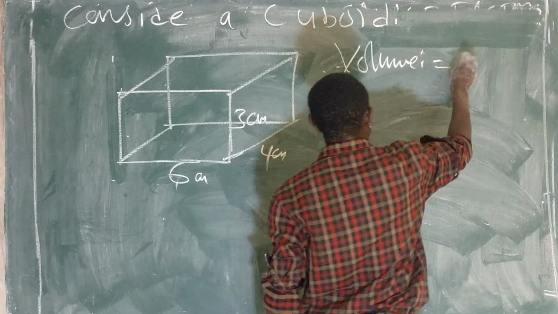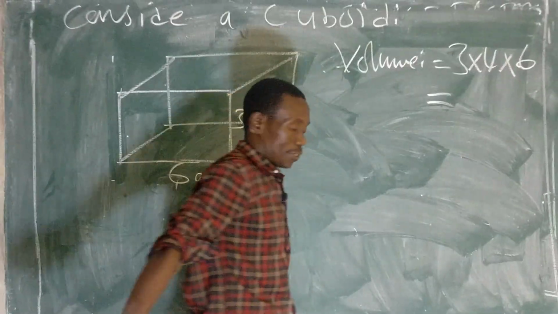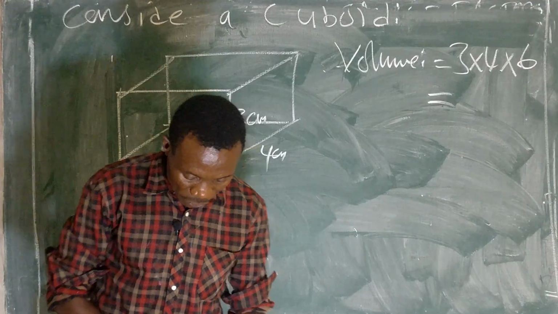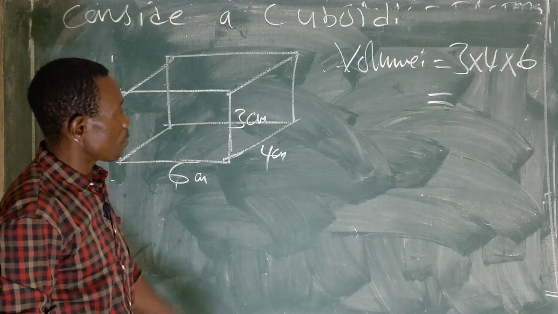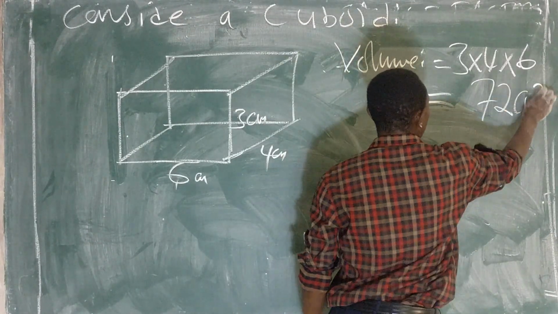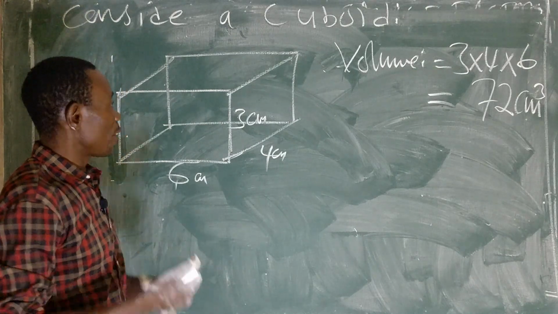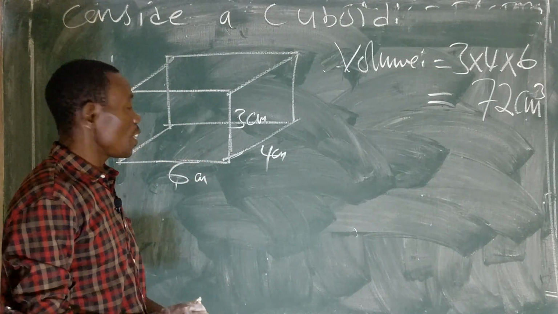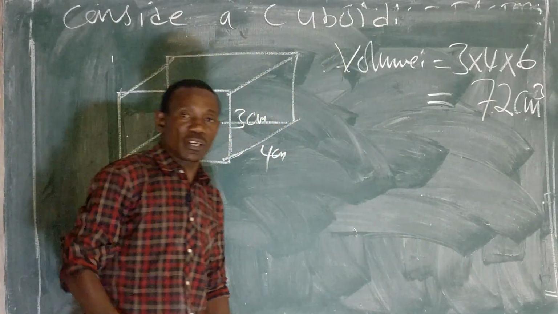So here we have 3 times 4 times 6. 4 times 3 is 12, times 6 gives us 72. This is in cubic centimeters. In the previous video we were working out areas, but now we are calculating volume. The volume for this one is 72 cubic centimeters.